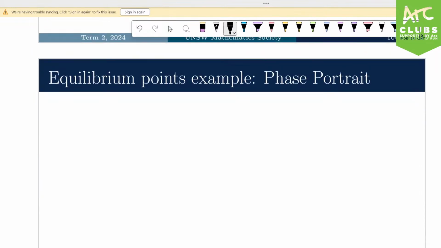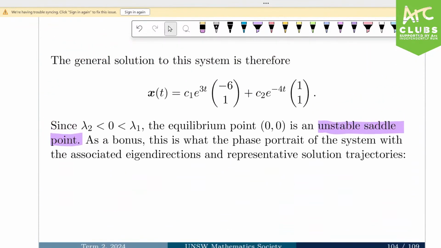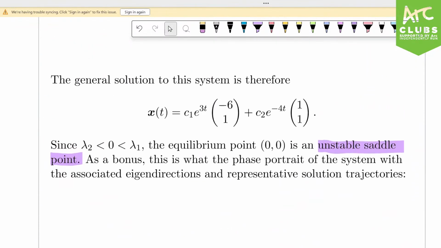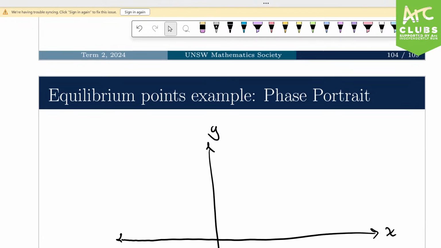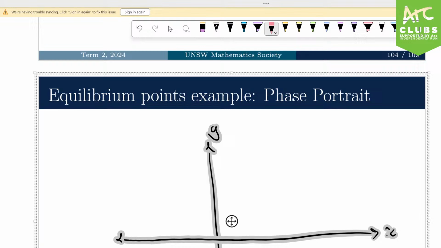So, phase portrait. Let's get this going. X and Y directions. The first eigenvector we're going to draw in is 1, 1. That's a pretty easy one to draw in. I'll do them in red.